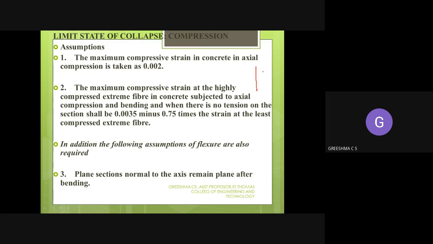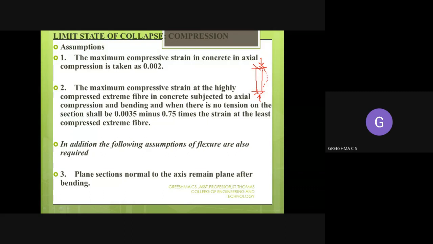For example, if this is the column, usually this column will fail like this, that is, by buckling, when the compressive load is acting. This is how a compressive load acts on a column. When a compressive load is acting on a column, the column will usually buckle like this.